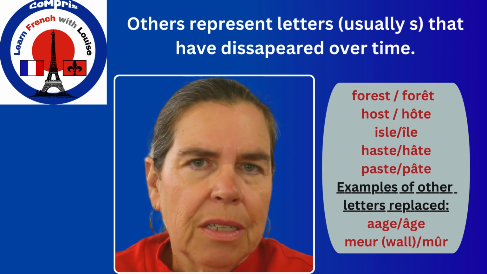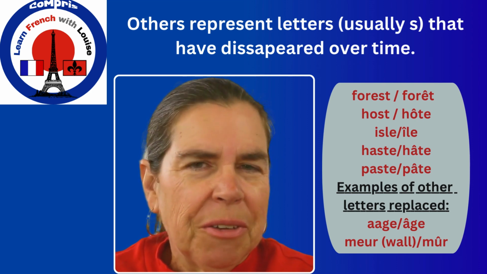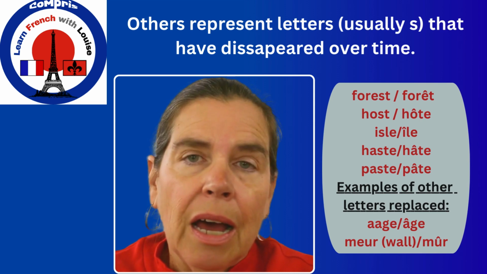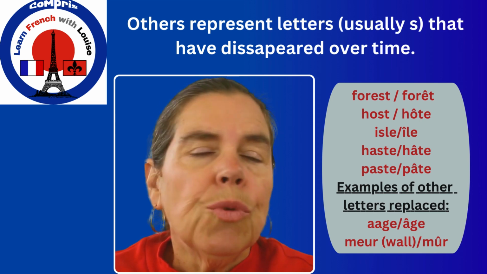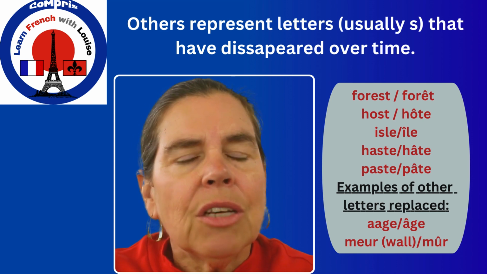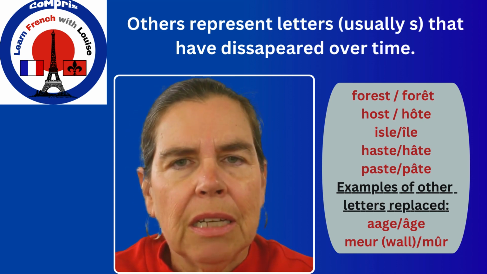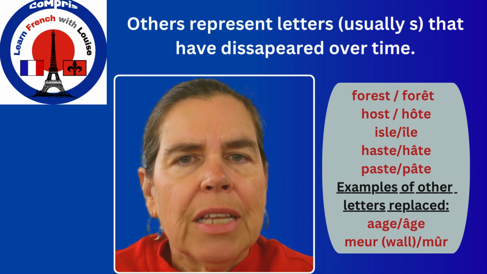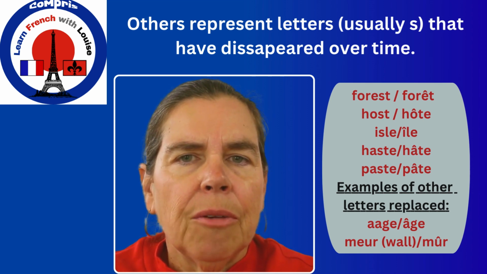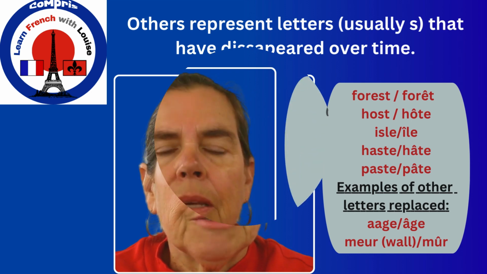Hôpital, same thing. Bâton, same thing. Examples of other letters that have disappeared over time are âge and mûr, which is wall. So the accent circonflexe, which we'll see in detail, represents letters that have been dropped over the centuries and been replaced by an accent circonflexe.